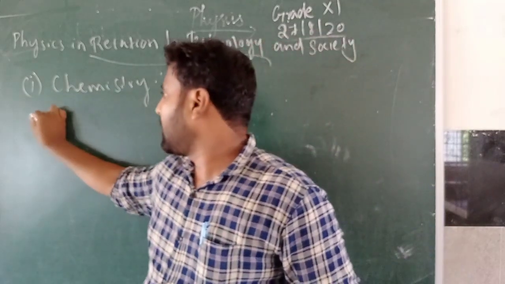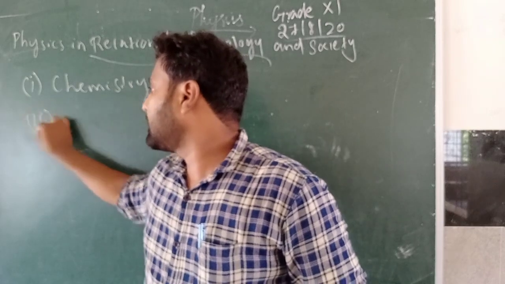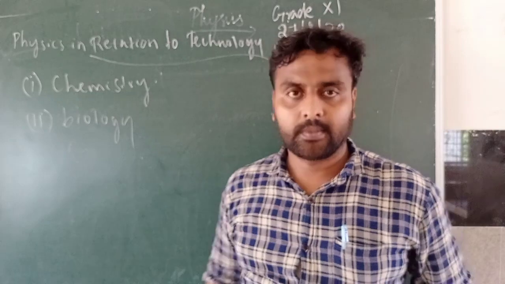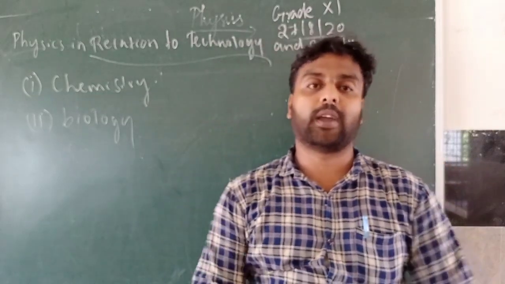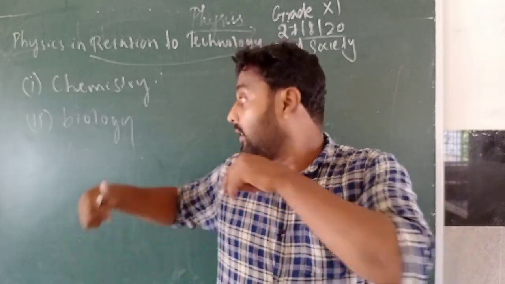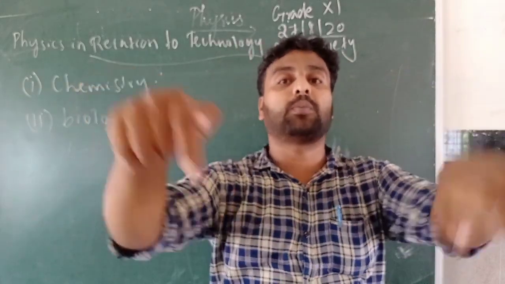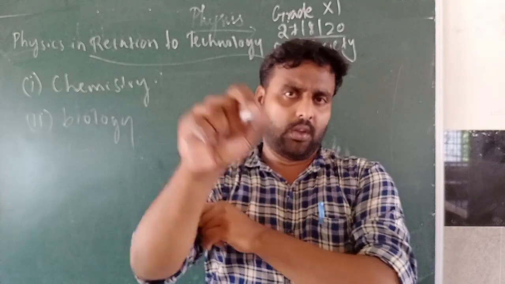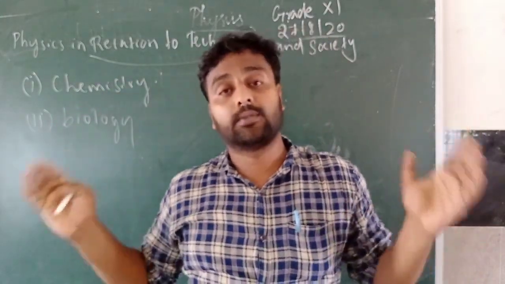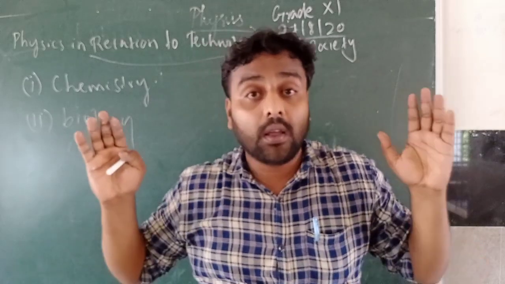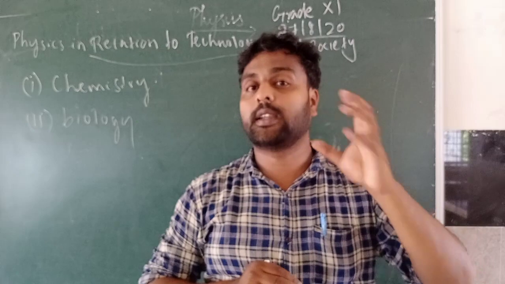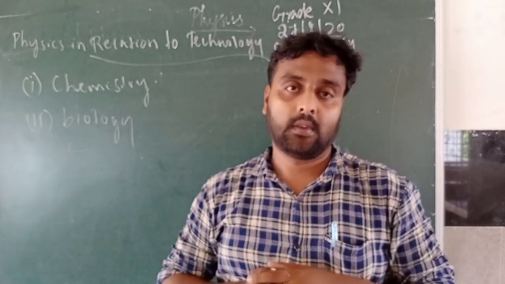Next one is how physics is related to biology. In biology, we are studying about living things, and how does physics help biology? In biology, without the microscope, biology study is very, very difficult. The microscope is one of the greatest inventions of physics.